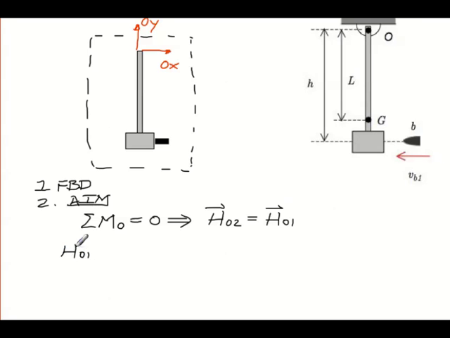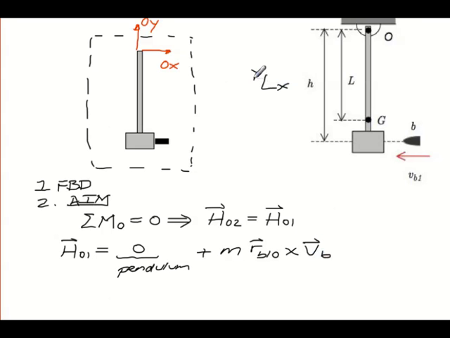So if we write down HO for our whole system, we have a 0 for the pendulum. It's initially at rest. And then for the bullet, we have the usual particle expression, r cross mv. I'm going to use x positive to the right, y positive up.